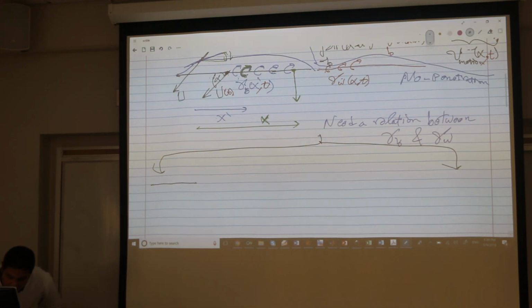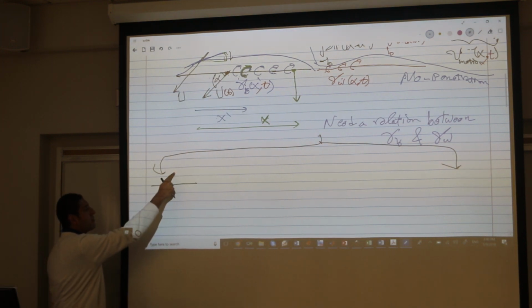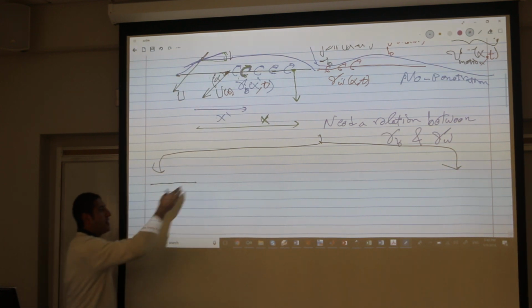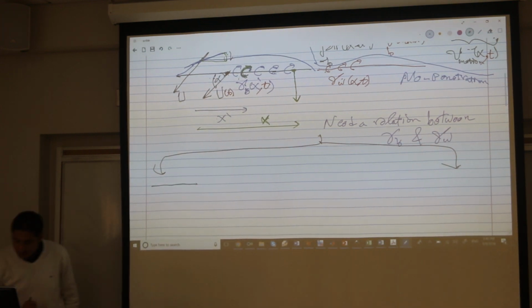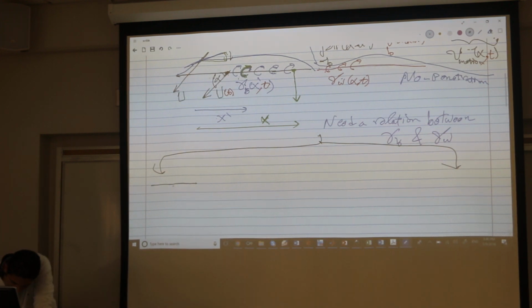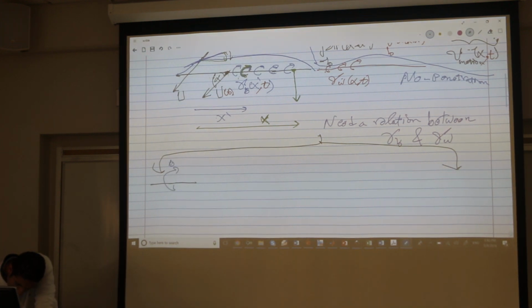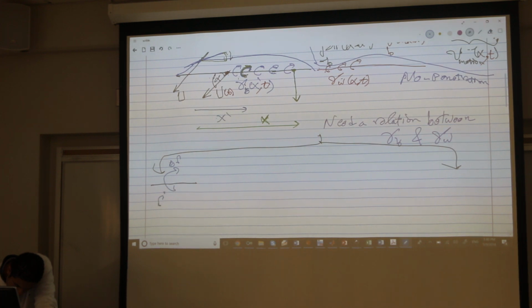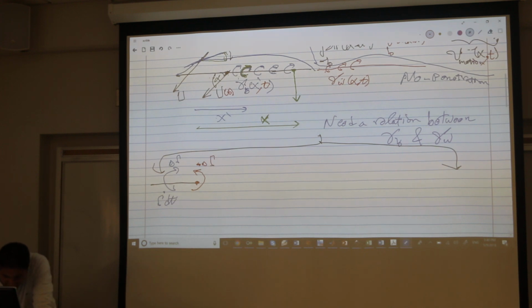So if I start with zero circulation at the beginning, whatever delta gamma occurs on the airfoil, I will have negative delta gamma on the other side, shed exactly from the trailing edge. So if I have here a delta gamma change, which is gamma dot times dt, this will be associated with a shedding of negative delta gamma at the trailing edge, right?